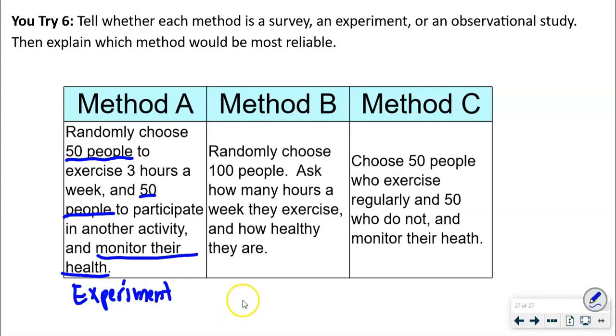Randomly choose 100 people. Ask how many hours a week they exercise and how healthy they are. This is going to be a survey, isn't it, y'all? Now remember, surveys have the least amount of control. Then method C, choose 50 people who exercise regularly and 50 people who do not. So here we notice we got them in 2 groups, 50 people who exercise and 50 who do not. So this is going to be our observational study, right?